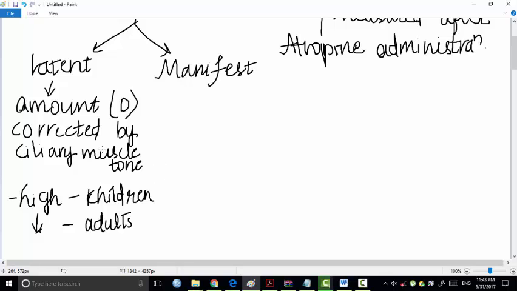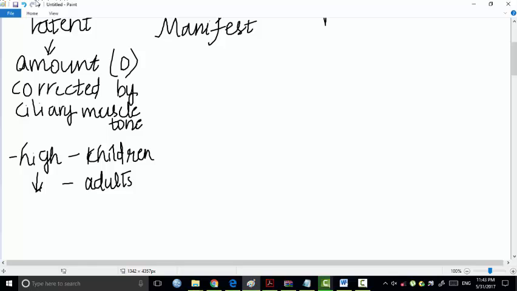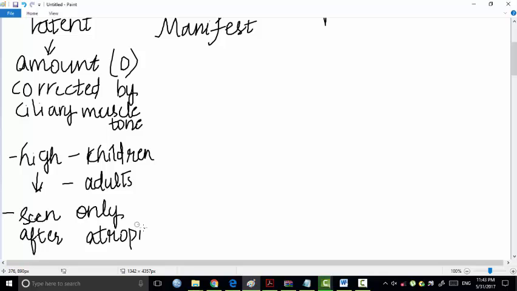Thus, it can be seen only after administration of a cycloplegic. Once you give atropine, then you can see it, right? So this is latent hypermetropia.